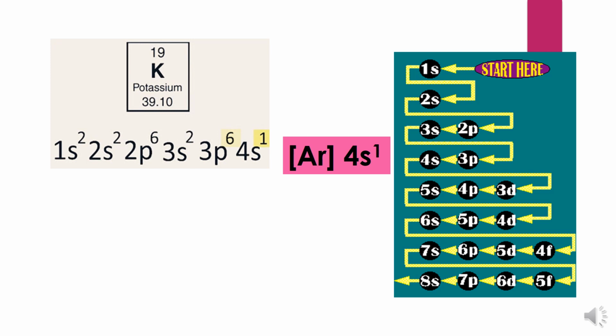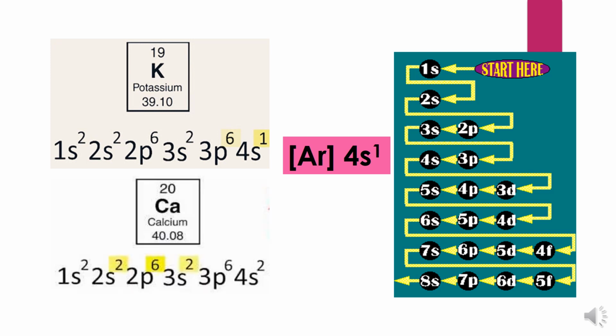So the next electron will enter 4s1. So potassium's electronic configuration in abbreviated noble gas core form is argon 4s1. Now for calcium, it is 1s2, 2s2, 2p6, 3s2, 3p6, 4s2. Now again the 4s shell is completely filled, and calcium with noble gas core is argon 4s2.